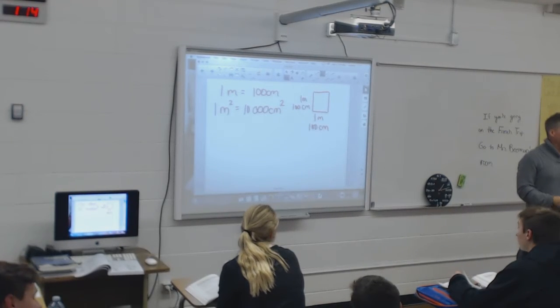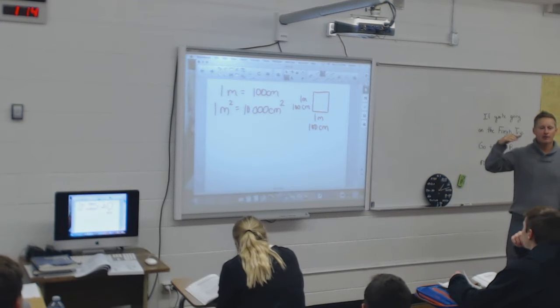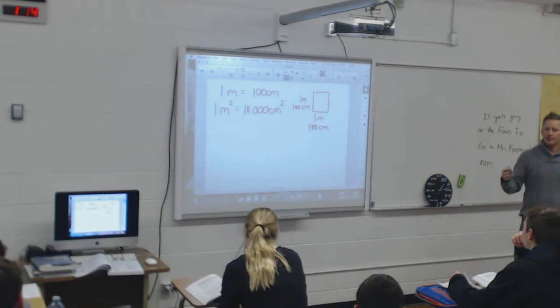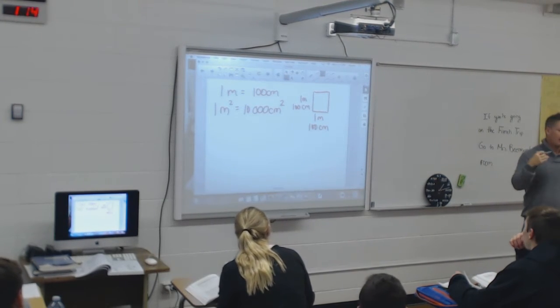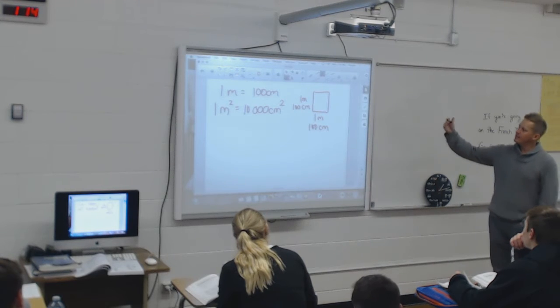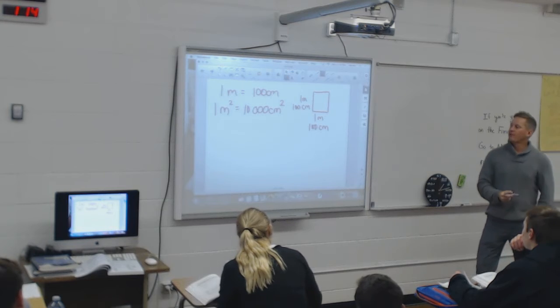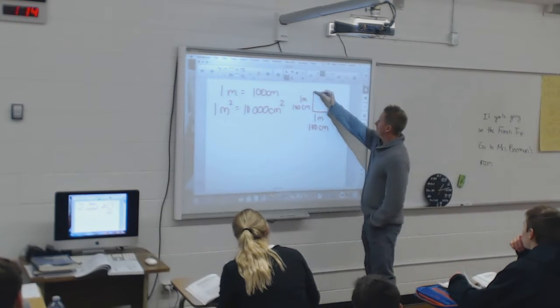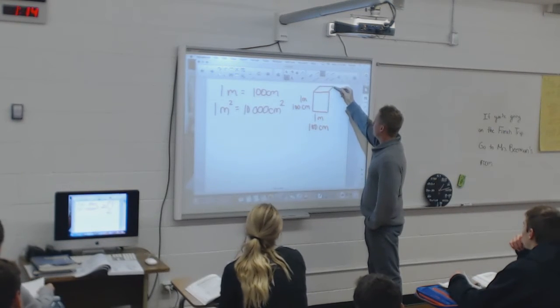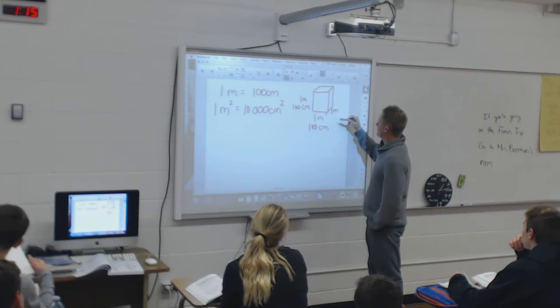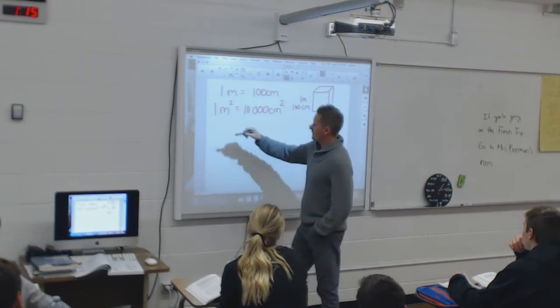That's the easiest way without having to remember how many square centimeters are in something or how many square meters there are. That's the easiest way to remember, is to draw yourself a little picture. So if I wanted to do volume then, add that on. So 1 more meter here. So what is 1 meter cubed equal to?